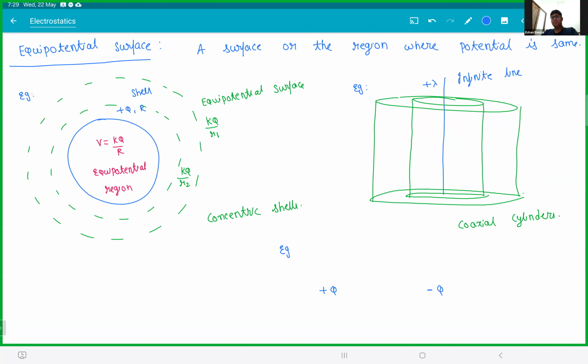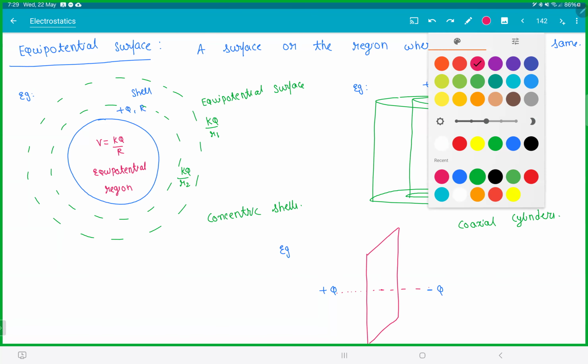Yes, the perpendicular bisector. No, there is a better word you can use. You're not wrong, but there's a better word. Aryan. The entire perpendicular bisector plane. You're getting it? The entire plane in the perpendicular bisector is equipotential, because no matter where you take equidistant, the potential is always 0.